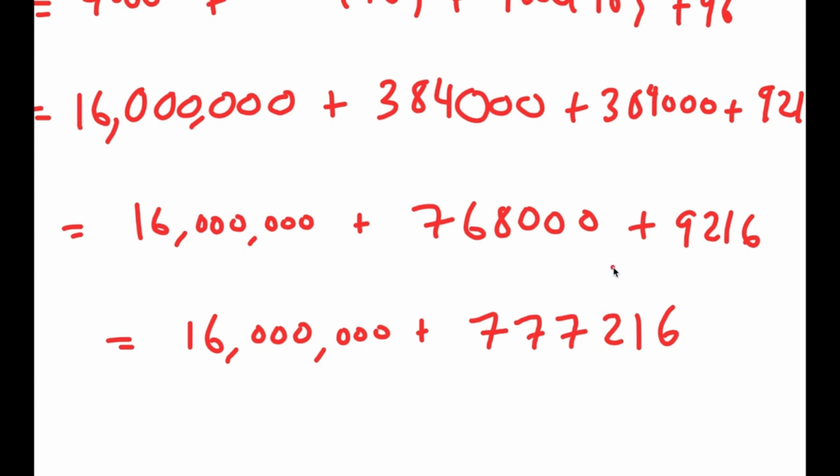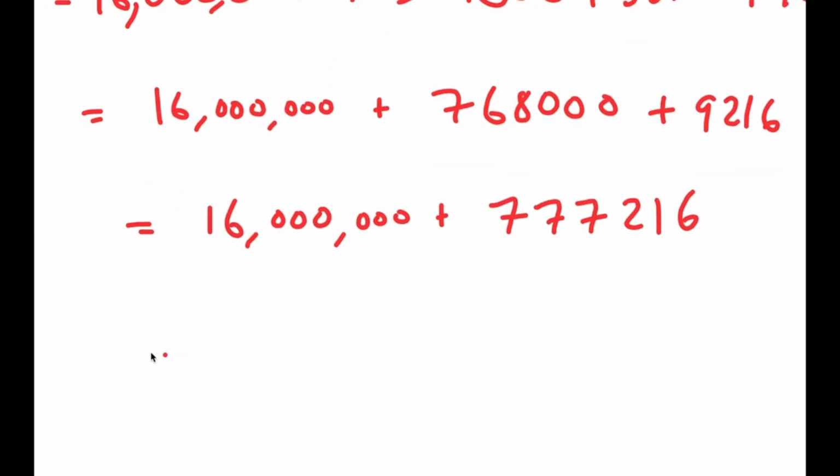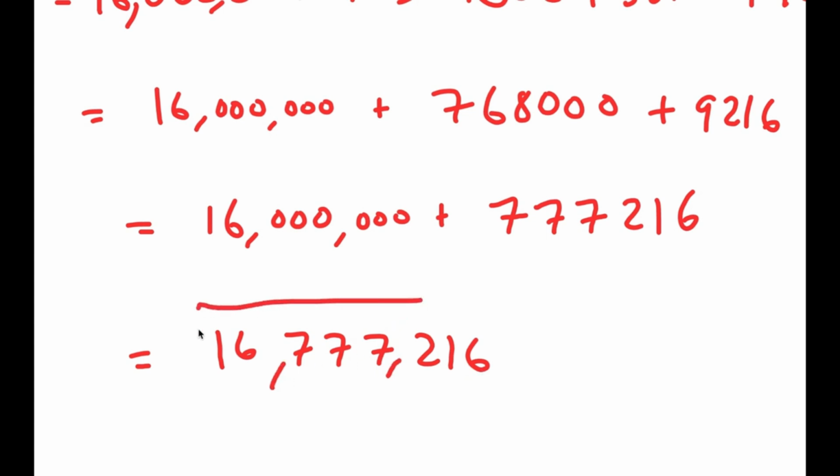And now for my final step, I just have to add this to 16 million. So we don't have to worry about the millions place, so I just get 16,777,216. So this is my answer to this problem.